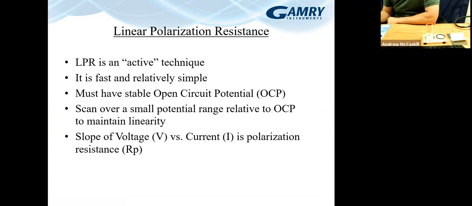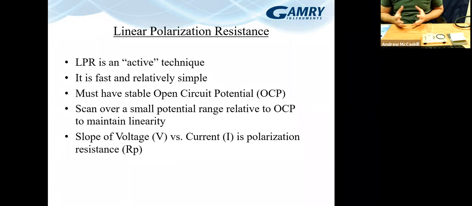There are a couple of things you're going to need. For both experiments, you need a stable open circuit potential. If your system is unstable, then the data is not going to be reliable. It's going to look horrible too. In linear polarization resistance, we hope the data is linear or pseudo-linear.